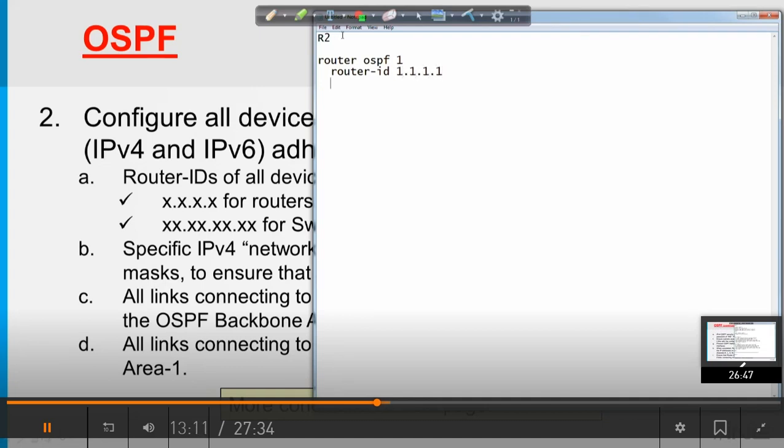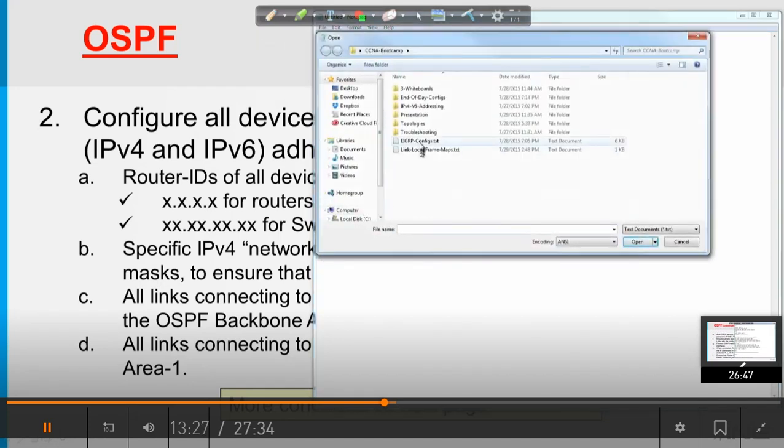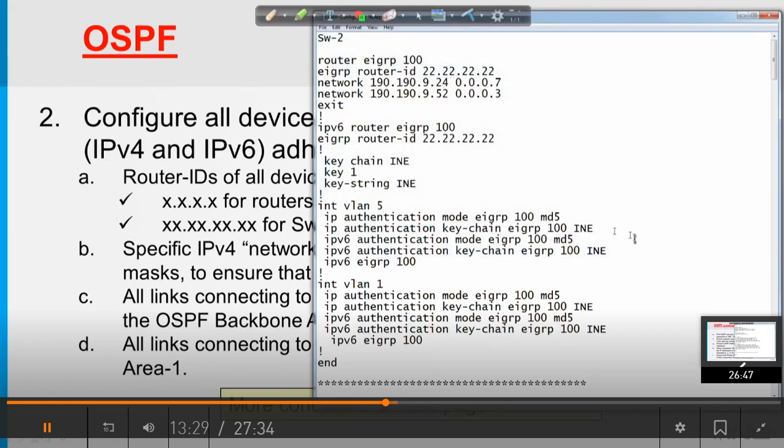And then we're going to give it some network statements. Actually, what I can do here, hopefully I saved this. If I still have my EIGRP config, I can use the exact same network statements. Oh, look at that, beautiful. Okay, that'll make things a lot easier.